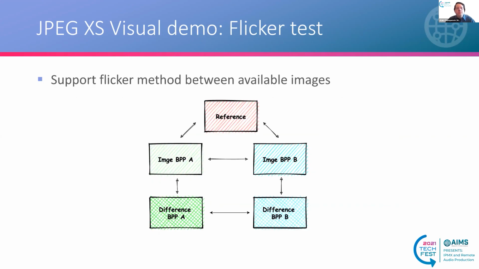For testing, the demo supports the flicker assessment method, which allows the user to compare the reference and the compressed image, but also to compare two compressed images or even two different heat maps. With this type of testing, it became very straightforward to analyze JPEG-xs quality and to determine at which BPP the data becomes visually lossless.